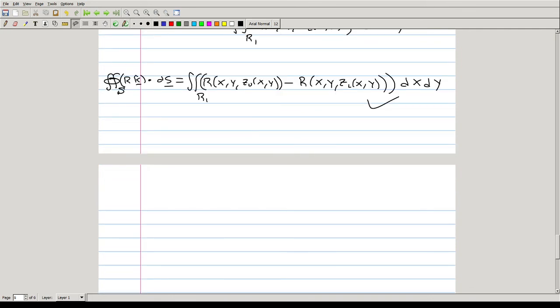So this is really incredible, because what we've shown is that this surface integral of R k hat over the entire surface S is the same thing as the integral over region R1 of R at z upper minus R at z lower, which we showed from before is the same thing as the triple integral over the volume V of the partial derivative of R with respect to z.